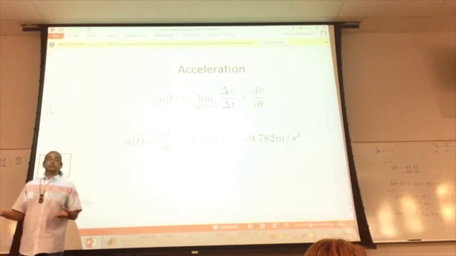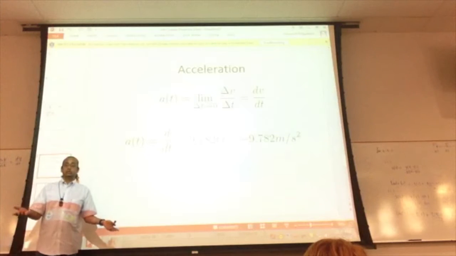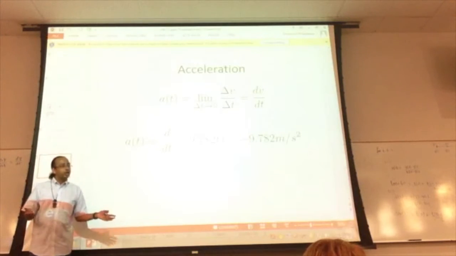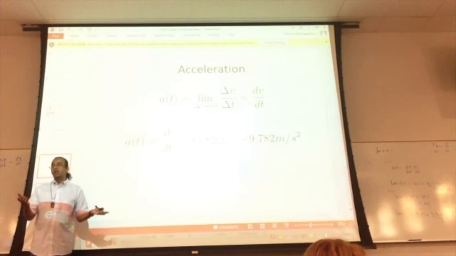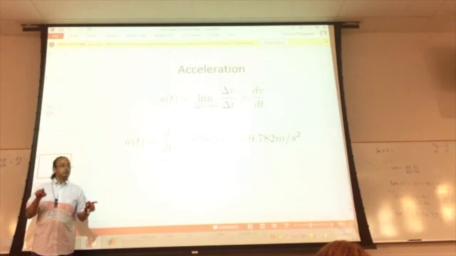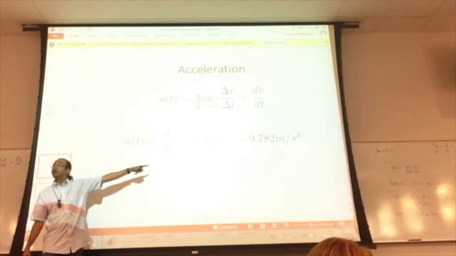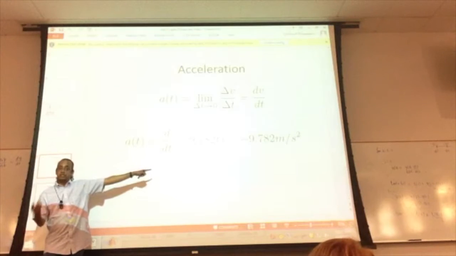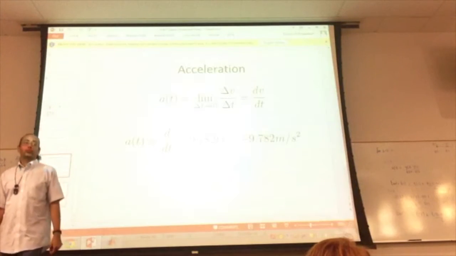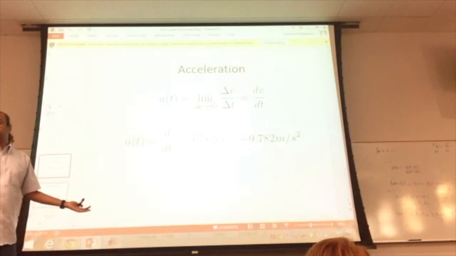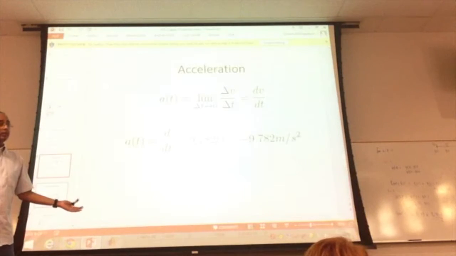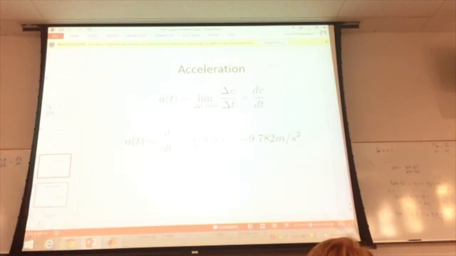We know the correct answer is acceleration due to gravity, which is 9.81. Because we had so few data points and we curve fit between those data points, our answer is slightly off. But just like that, with a very simple experiment, we are able to find out what the acceleration due to gravity is. All right? So we'll go to the next slide.